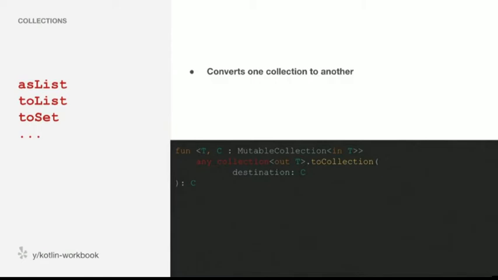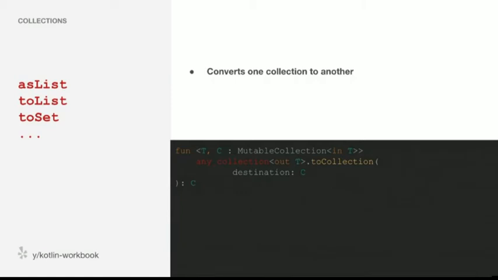For example, if you want to use a fancy Guava collection, you can say toCollection, instantiate the Guava collection that you're interested in, and then you can convert any other standard collection to a Guava collection. Or you can convert in between any fancy collection, so you can convert a Guava collection to some other fancy library out there. This allows you to relatively easily convert one type to another.